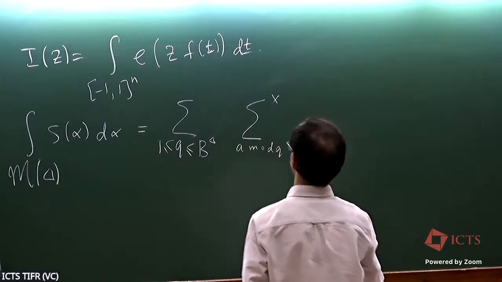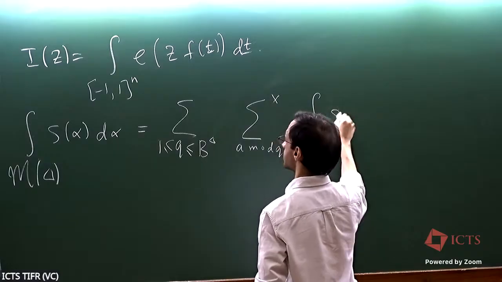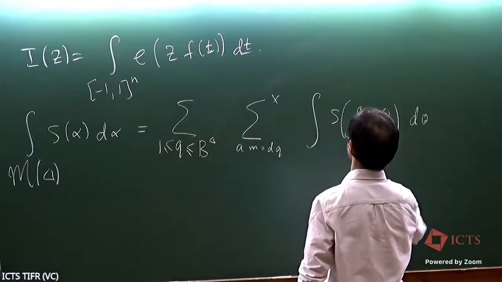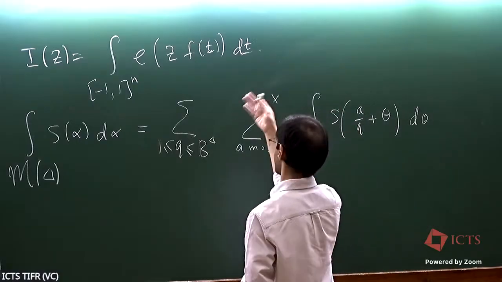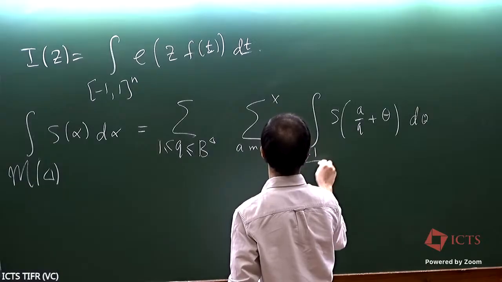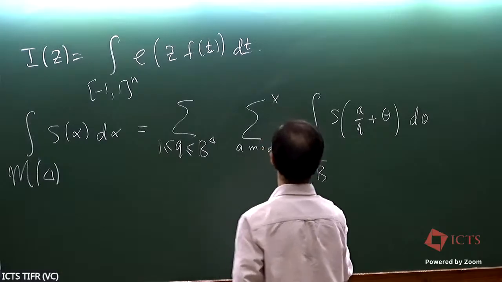So at this point, this is an integral of S A over Q plus theta, d theta, and just the main term. We have kind of already looked at the error term, 1 over B to the minus 3 plus.